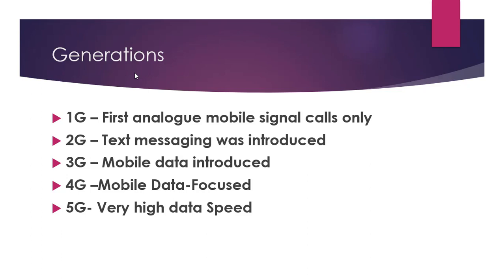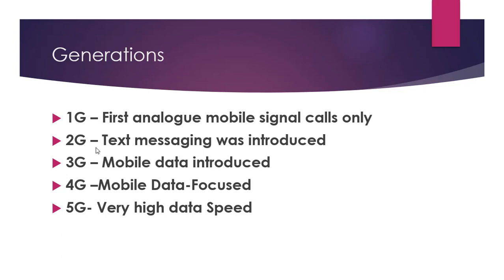Each generation is defined as a set of telephone network standards which detail the technology implementation of a particular mobile phone system. The speed increases and the technology used to achieve that speed also changes. For example, in 1G you can only make calls.